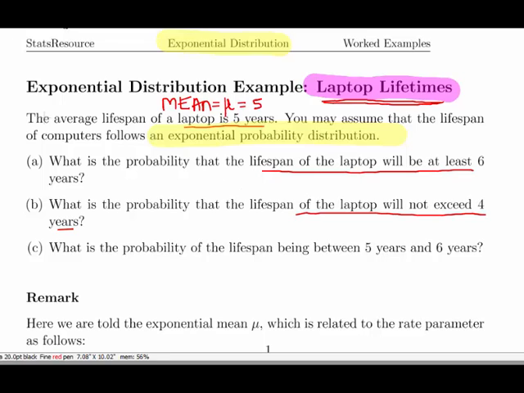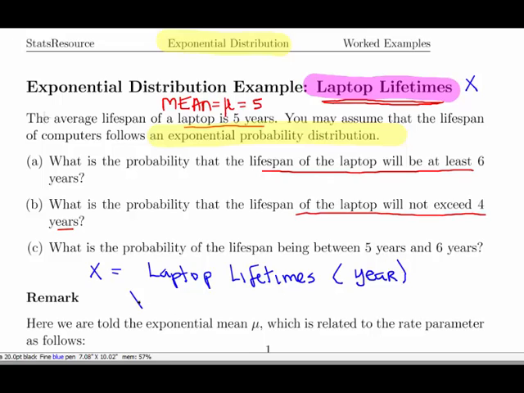What we could do there is state that X is the lifetime of a laptop. Just make a little statement like this: X is laptop lifetimes. Usually you would say what time unit you were using as well, just in case you switch from years to months or something like that.